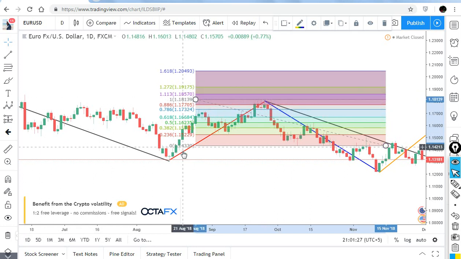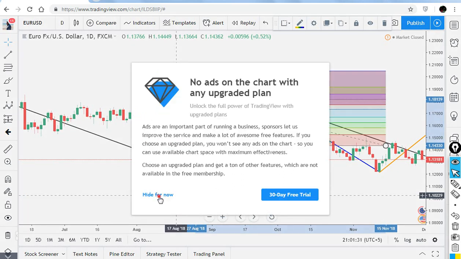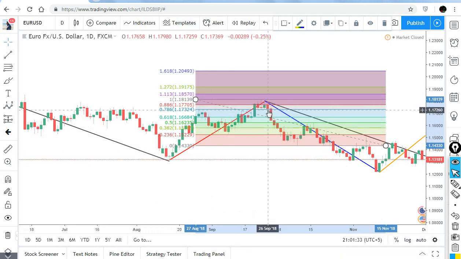Now we take this Fibonacci retracement and we see that the market goes directly to 50% again. You see this? It goes to 50% again.